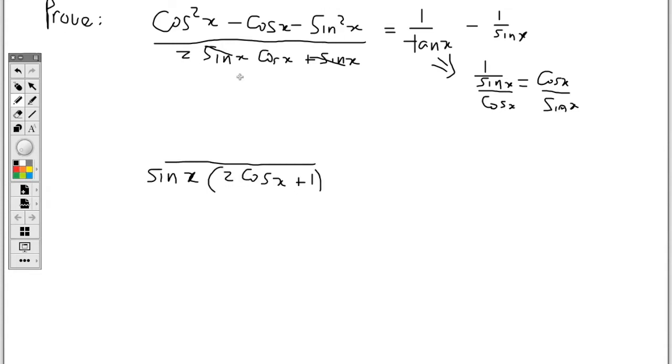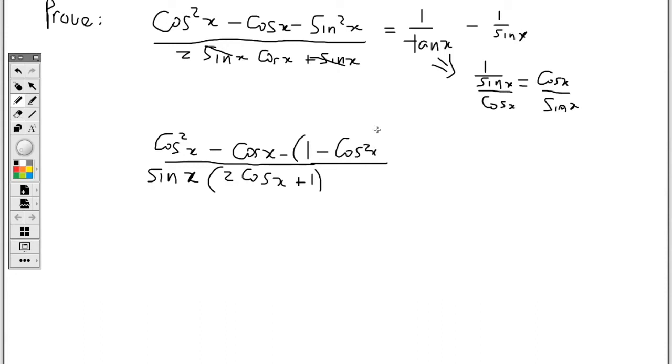In the numerator, I'm going to leave the cos square x minus cos x, and I'll be changing sine square x to 1 minus cos square x. So that is the same as 1 minus cos square x. So changing sine square x, I will have what you're seeing written here.